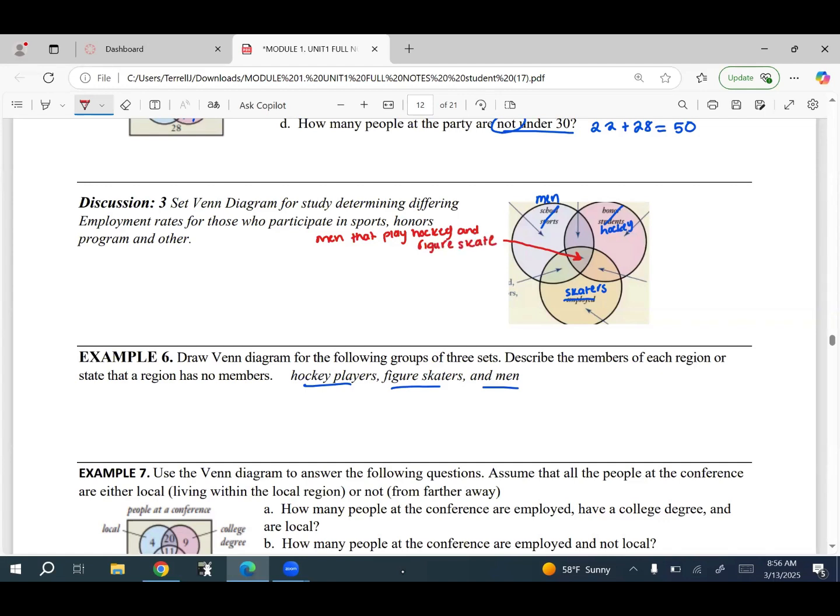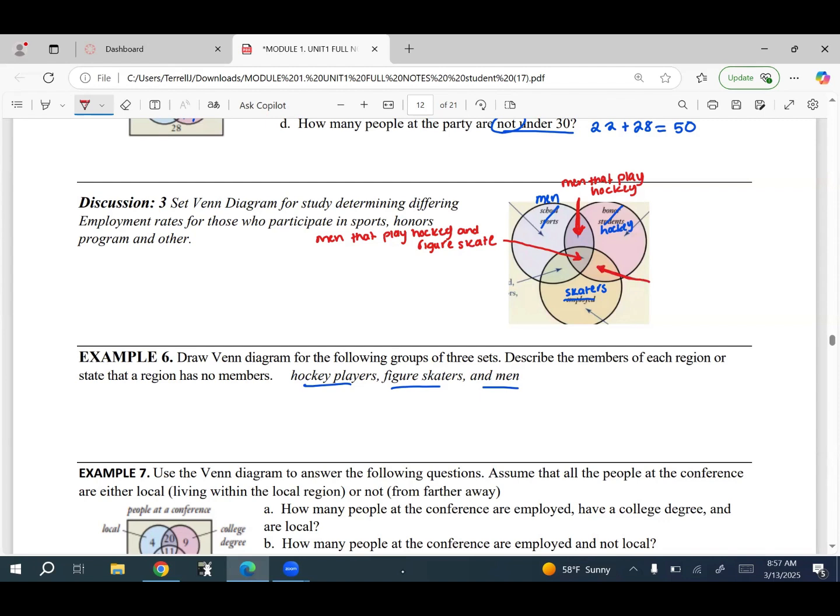That's what that means. Then let's look at this middle piece, which is overlapping men and hockey. This is men that play hockey or are hockey players. Let's look at this overlapping piece.